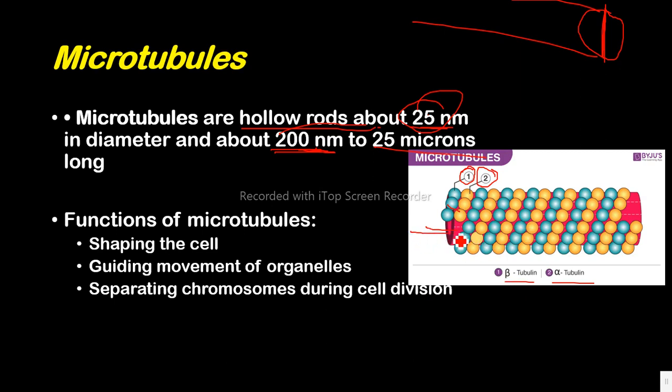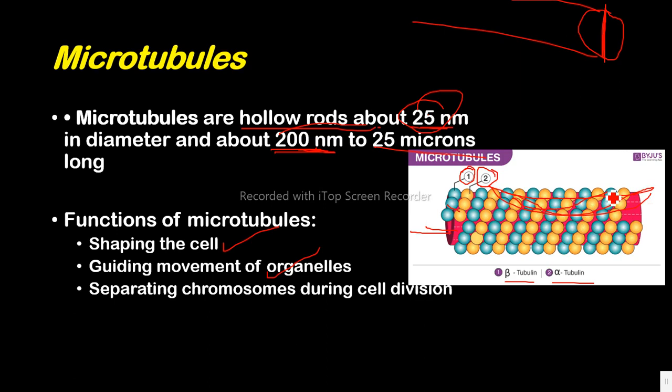Okay? So the function, they provide shape of the cell, the gliding movement of organelles to be able to slide. They slide over. In other words, they provide that point of anchorage of organelles. The cytoplasm is not just space. So they provide that surface over which organelles will freely glide.